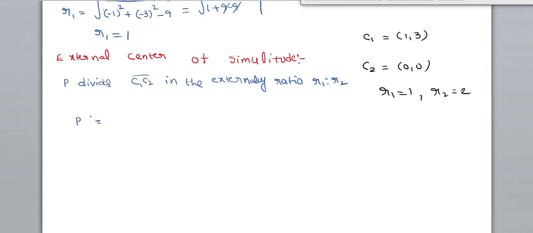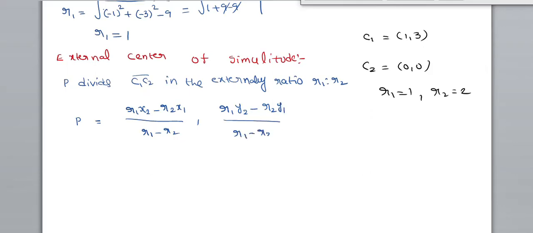P is equal to (R1 x2 minus R2 x1) by (R1 minus R2), (R1 y2 minus R2 y1) by (R1 minus R2).